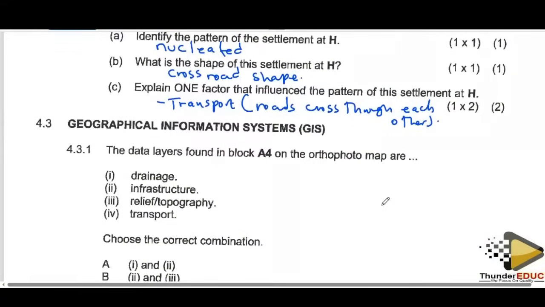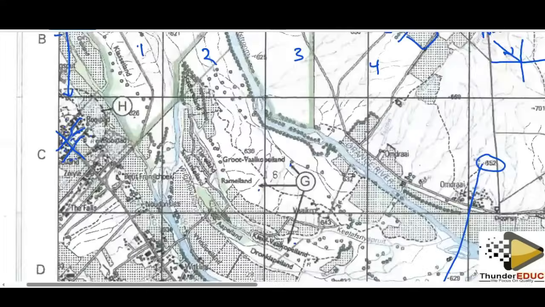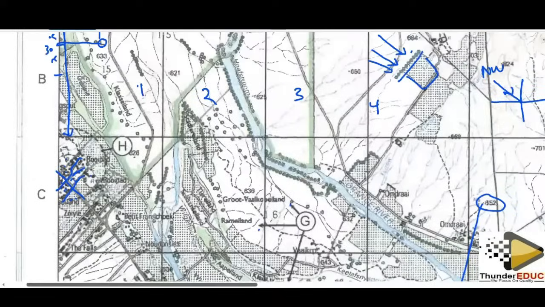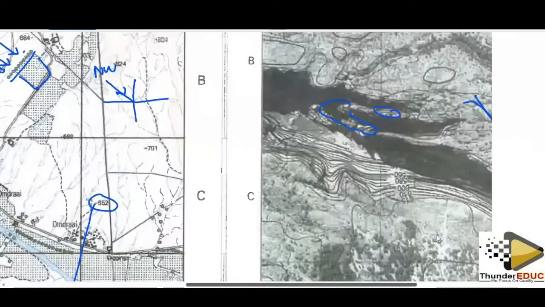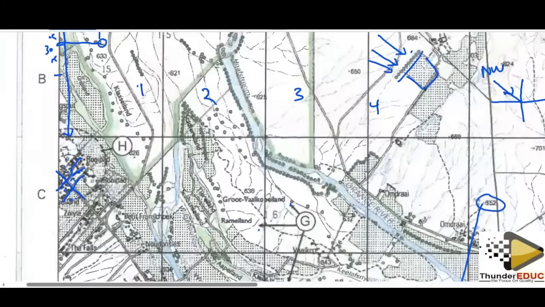In 4.3, they say the geographical information system, and the data layers found in block F4 on the orthophoto map are what? Let's go to the orthophoto map.